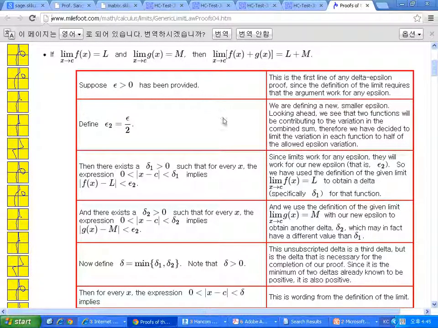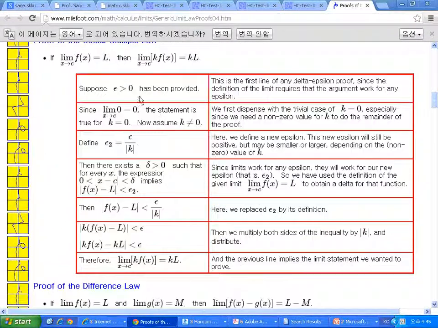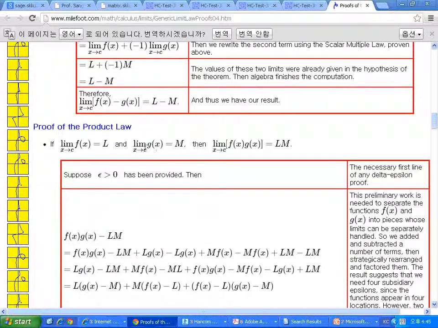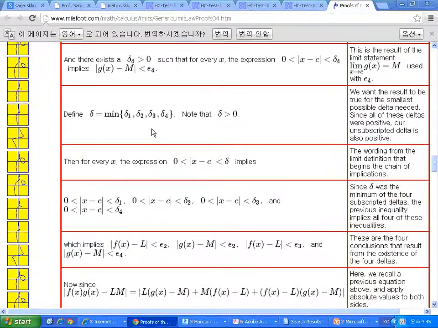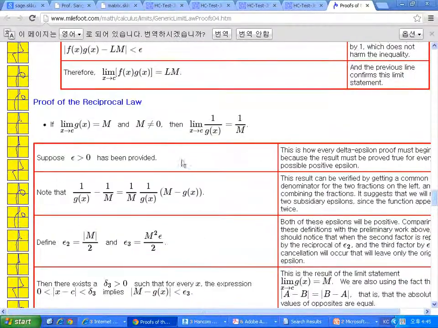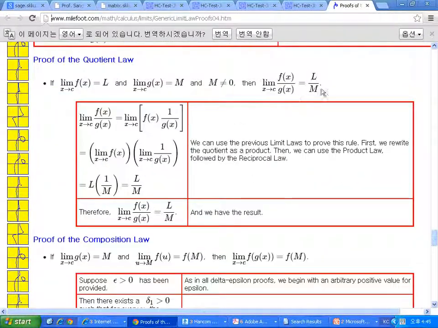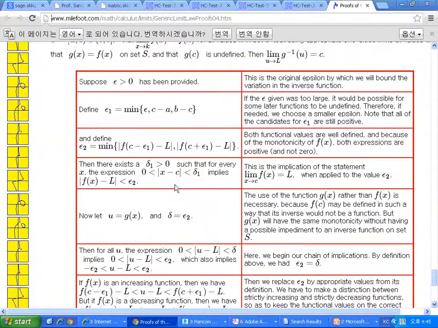And these are the rigorous epsilon delta proofs of each of those limit laws. Addition, scalar multiplication, subtraction, and even quotient, reciprocal, and the composite functions. They are all proved in this mathematical way.